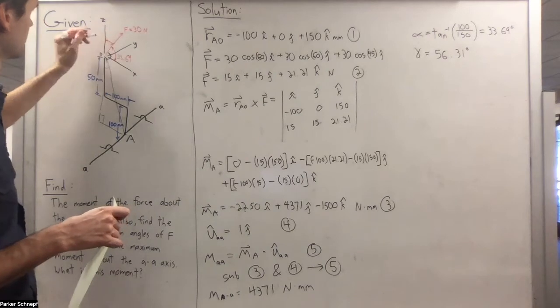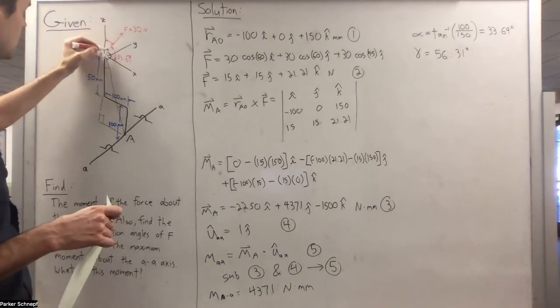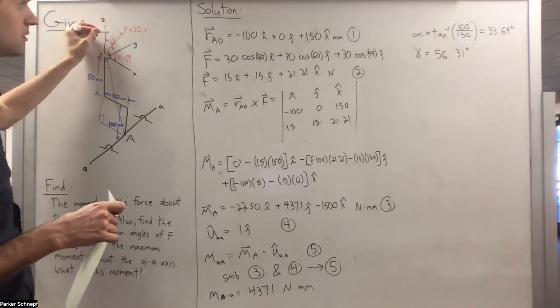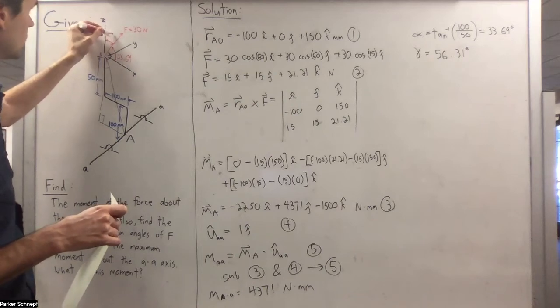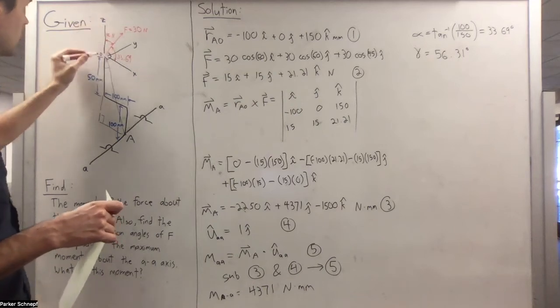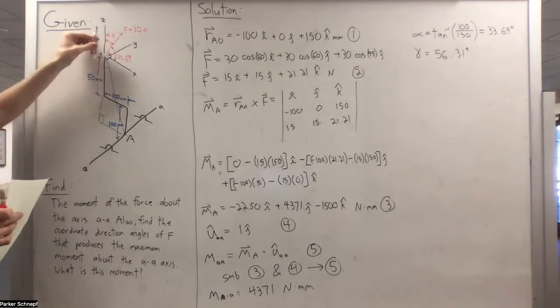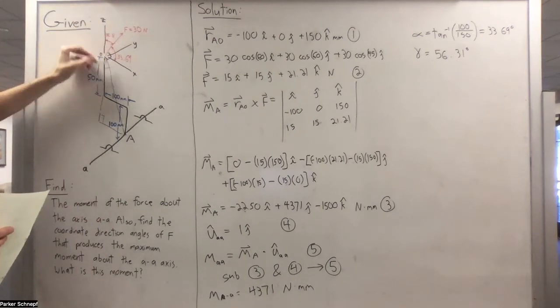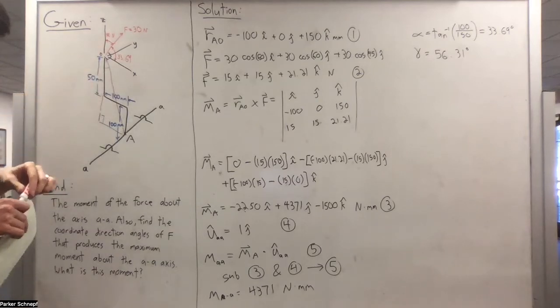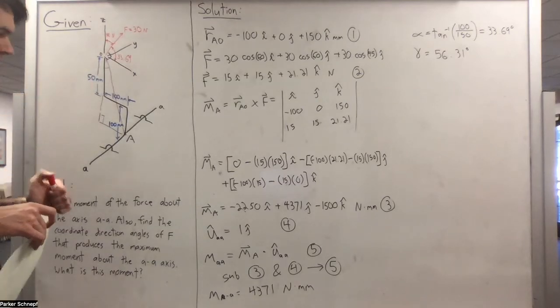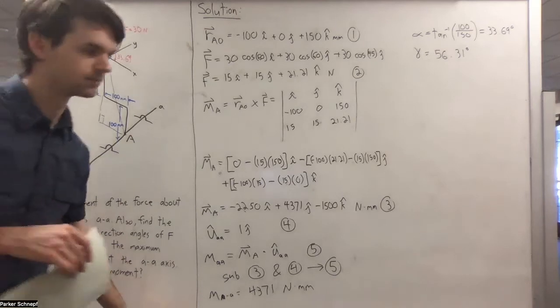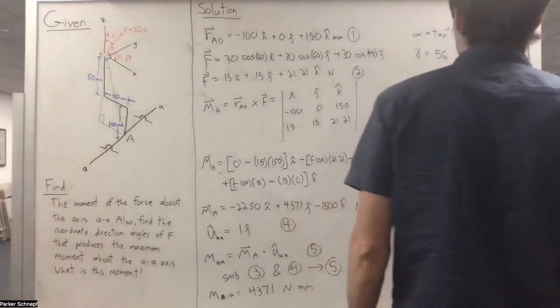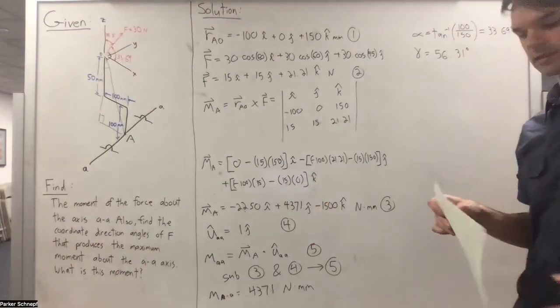Since there's no y, this is just going to be 90 minus that, 56.31. Hopefully you can see that would make it perpendicular to that. It may be a bit of trial and error of just drawing triangles and figuring that out if you weren't sure exactly what you're doing, but that's conceptually the idea.